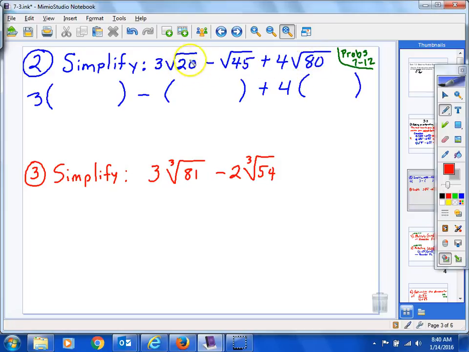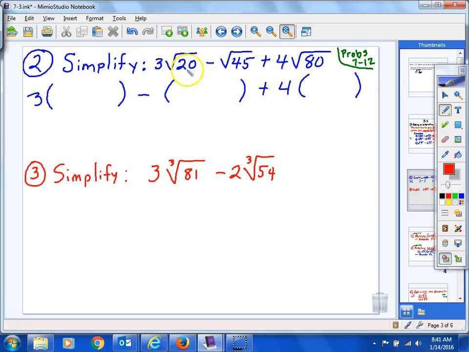They don't have the same numbers underneath the radical. So you might think, well, these are not like radicals, so there's nothing we can do. Well, hold on a minute, because before we make that decision, we need to make sure these radicals are simplified. This is kind of a review of past lessons.